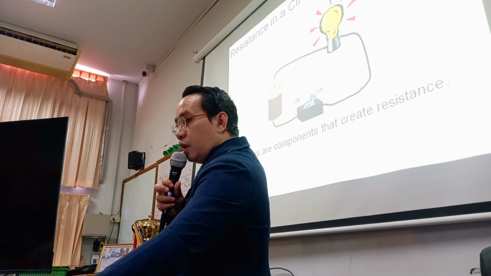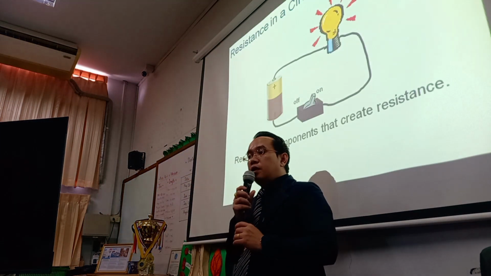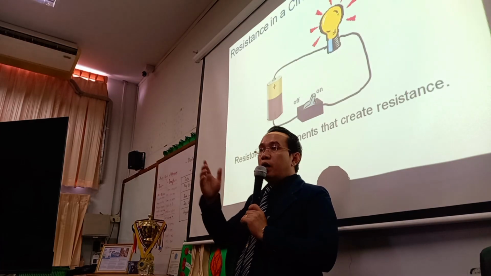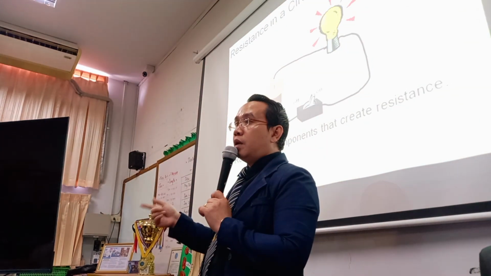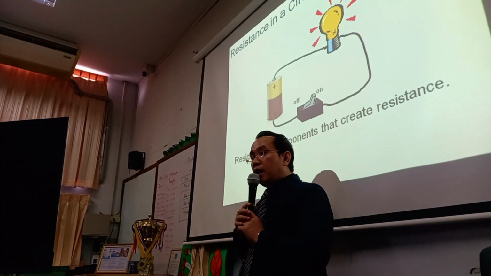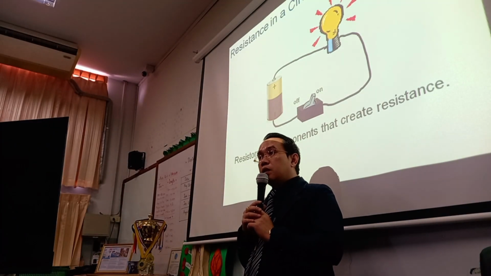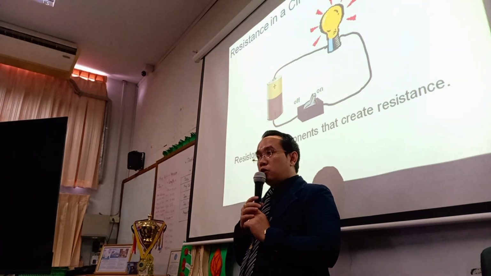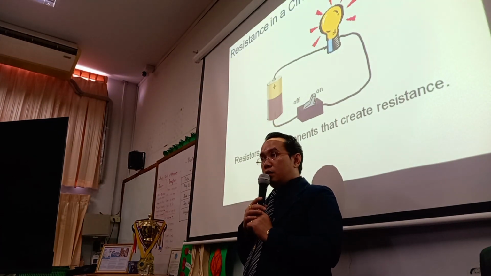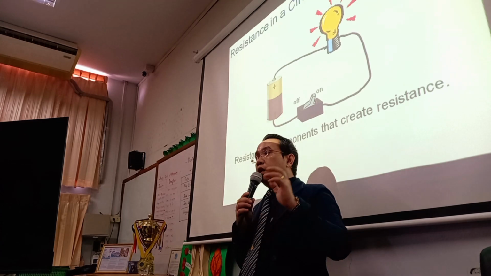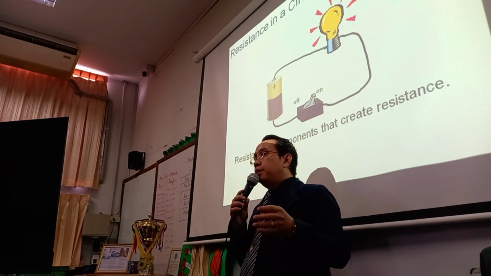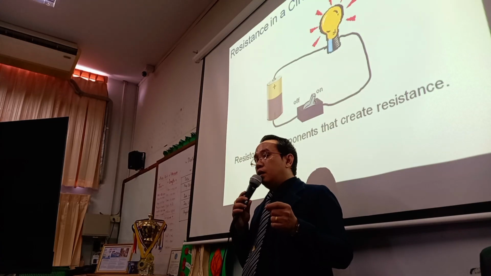So in a circuit, resistors are very important components that create resistance. That is why our computers, laptops, iPads, mobile phones, or appliances at home always have an attachment of resistors or diodes, to avoid overloads or power outages.